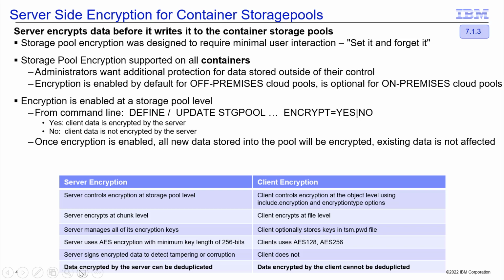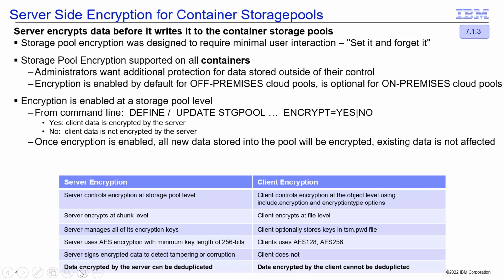It is encrypted at the file level, and the client can optionally store the encryption keys in the tsm.pw file on the client. The options are AES 128 or AES 256. It cannot detect any type of tampering and corruption when it goes to restore this. It doesn't have that built in place, whereas the server-side encryption does.